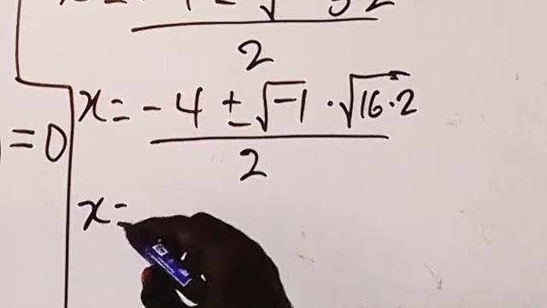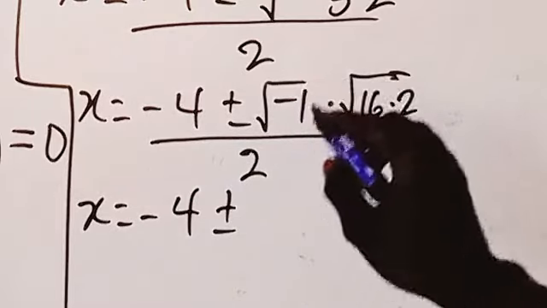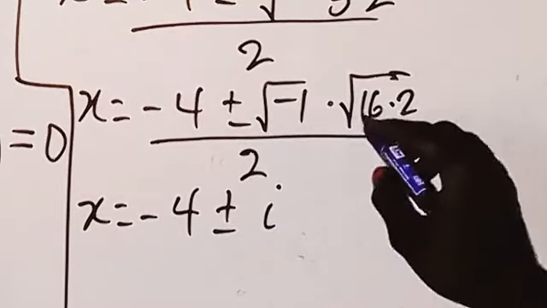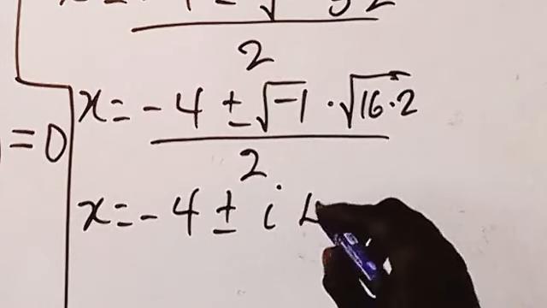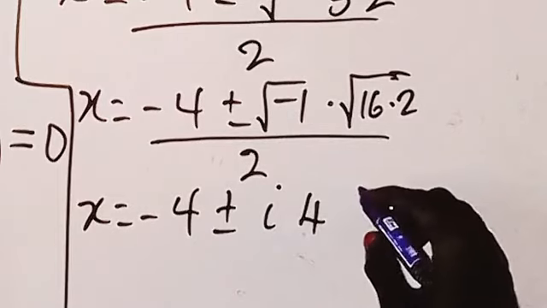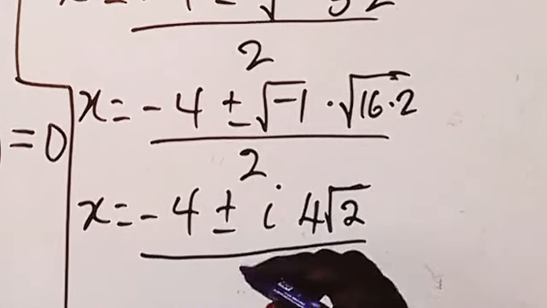So we have minus 4 plus or minus, the square root of minus 1 is i, then the square root of 16 is 4, then we are left with the 2 inside the radical sign, then divided by 2.